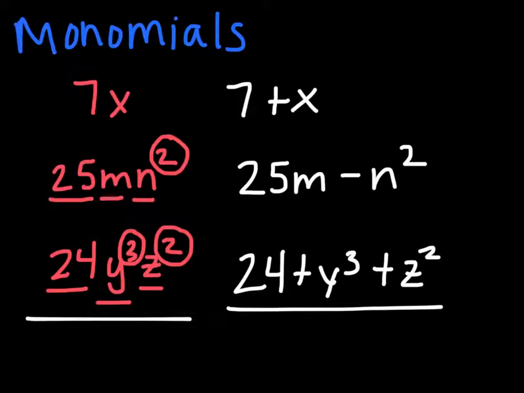Now that you see the difference between the two, let's go on to finding the factors of a monomial. Okay, let's factor this monomial, 28xy cubed. Okay, so what is in 28xy cubed? Let's find all the individual elements.